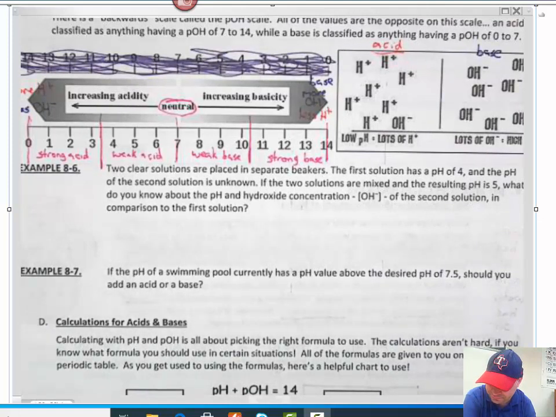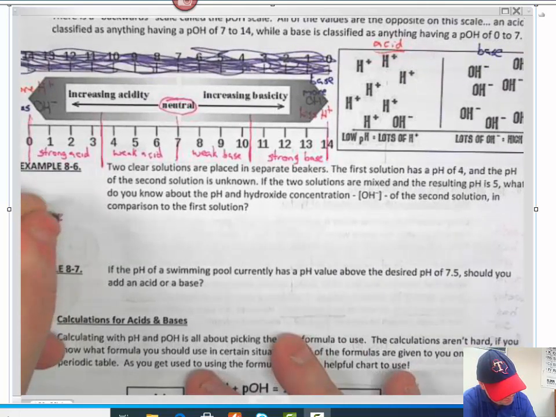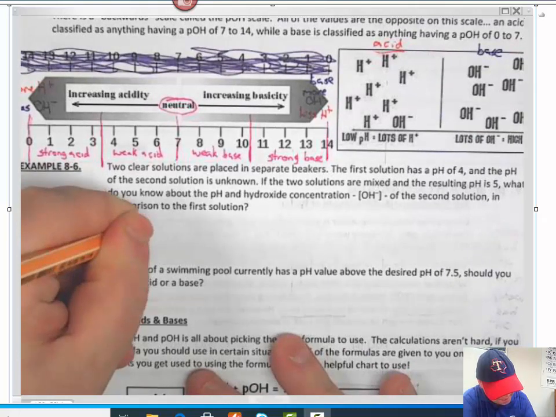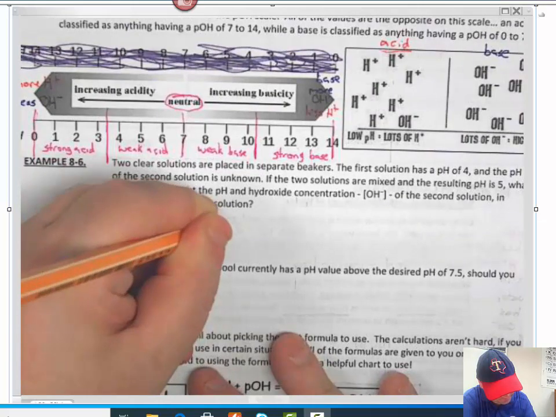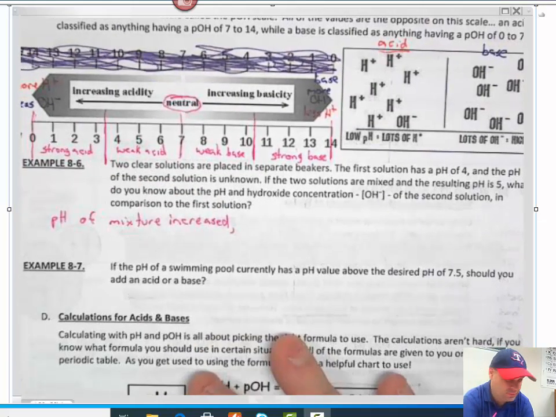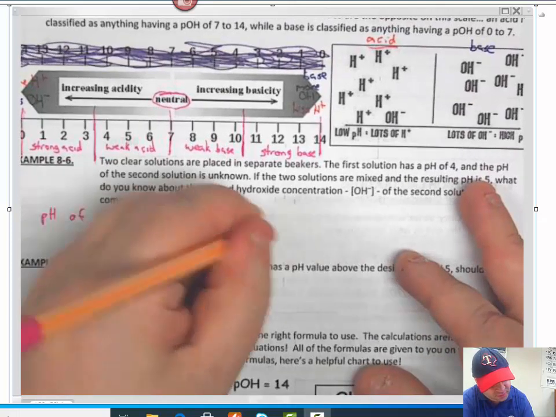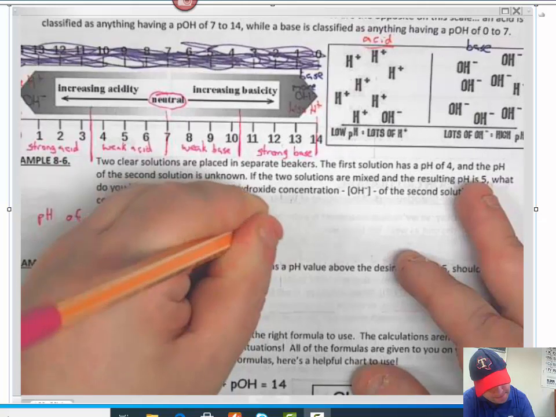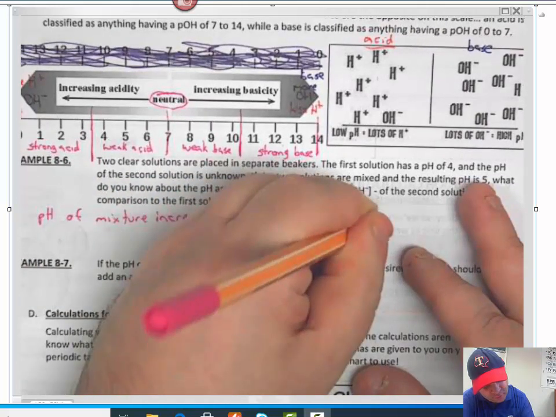Well, what I notice here is that the pH of the mixture increased. So we are becoming more basic since the pH rose.